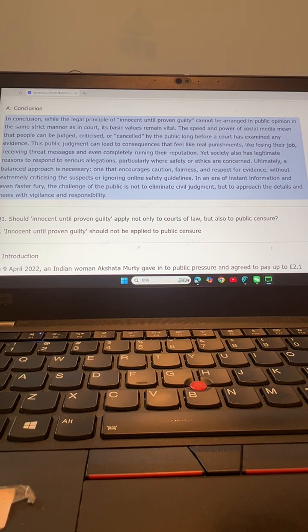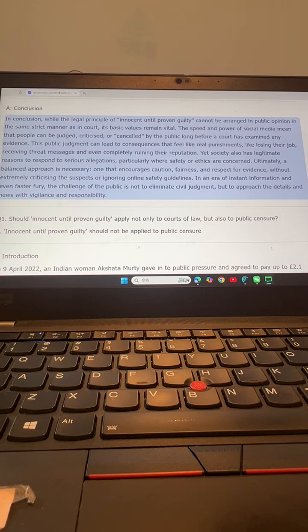So then that brings to my second point, where the public judgment can lead to real consequences, like receiving threat messages. That's one of the points I made in my body paragraph. And also at the end I just stated that a balanced approach is necessary.